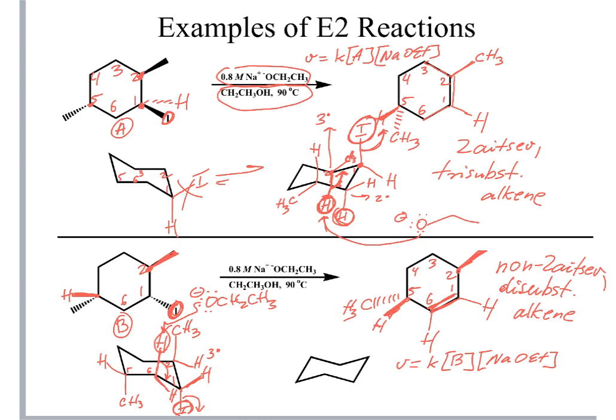The reacting conformation will be one in which the leaving group is axial. That's true in both cases. And then we'll find the most acidic axial and antiperiplanar hydrogen. If possible, the Zaitsev product will prevail. If not possible, owing to the requirement for the antiperiplanar arrangement, the product will be the less highly substituted non-Zaitsev alkene.